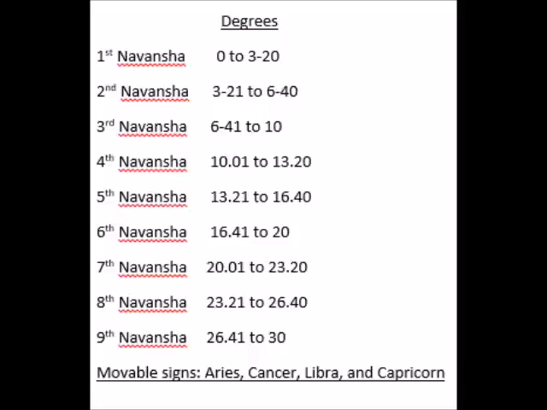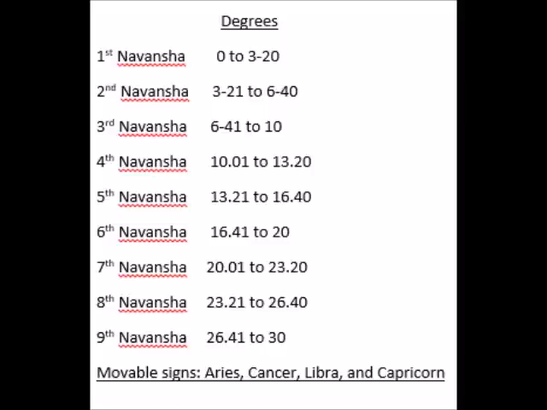So the rule given by the sages is very simple: we will calculate the placement of planets in a Navansha chart only from the movable signs. Again, movable signs are Aries, Cancer, Libra, and Capricorn, the natural rulers of the first, fourth, seventh, and 10th houses.